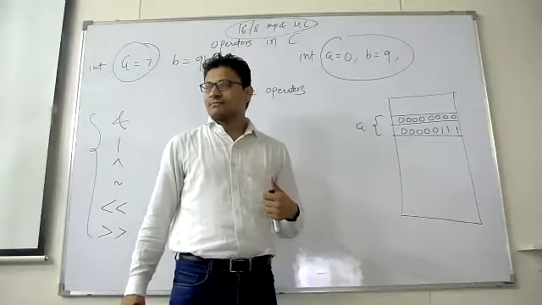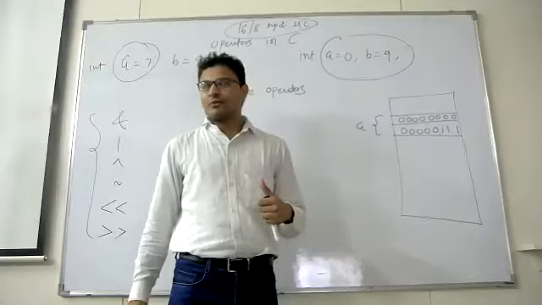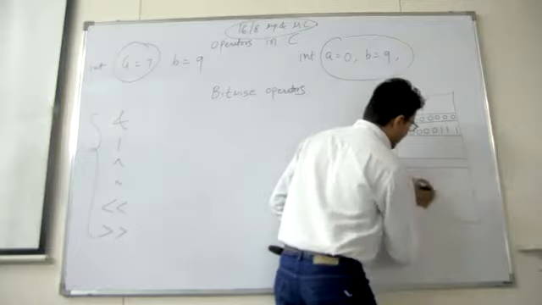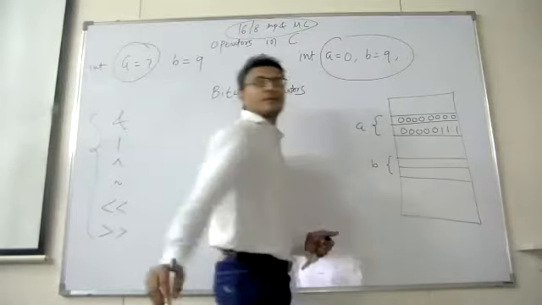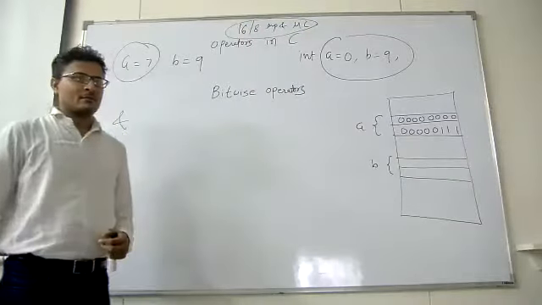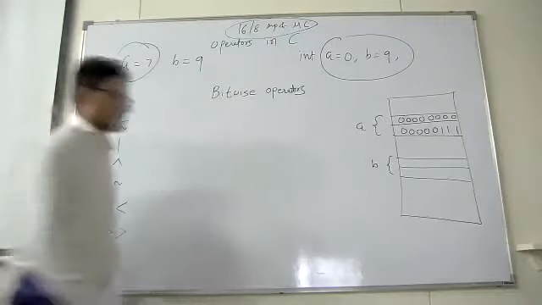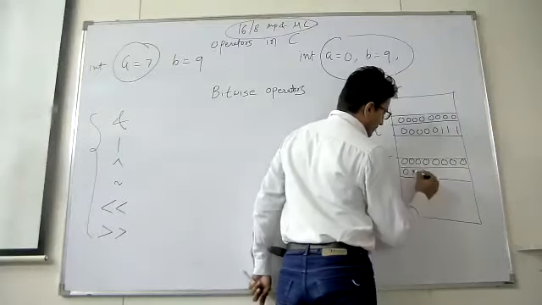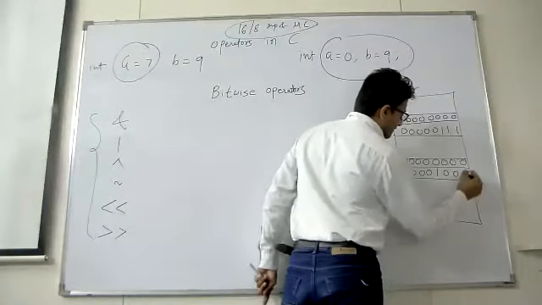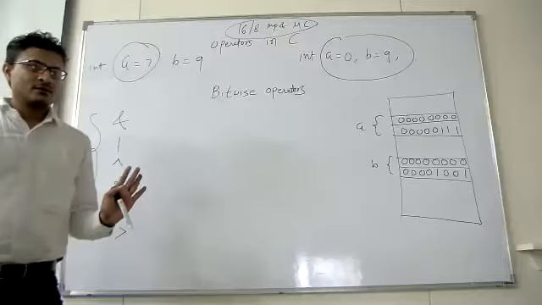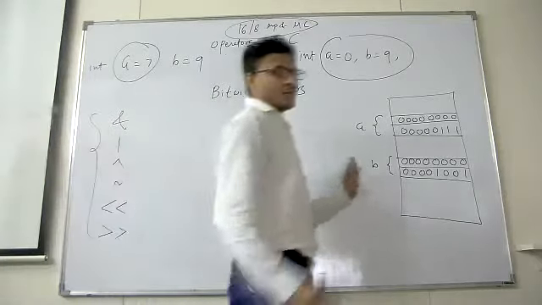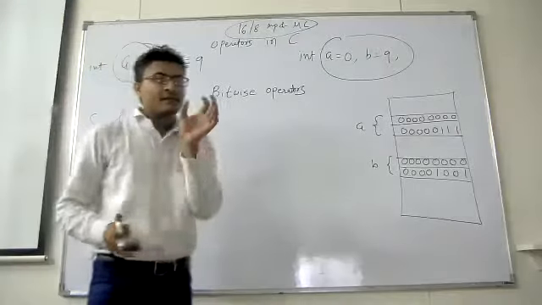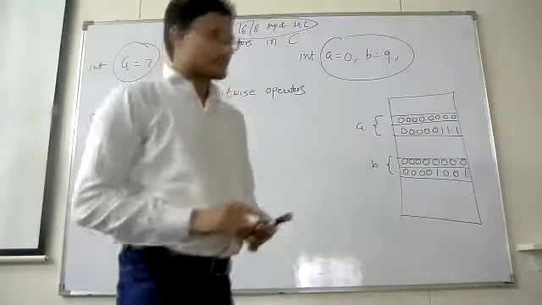Now this is the space for B. It will store B in 2 locations, so MSB is again 0 and then 9. You should be aware of the binary representation of any data in embedded C programming.